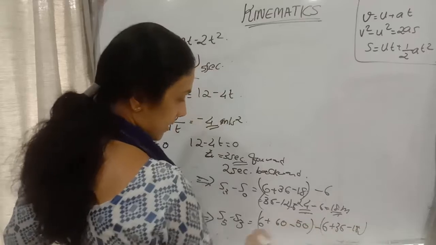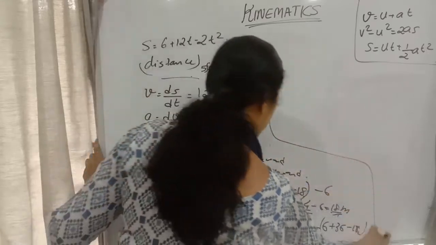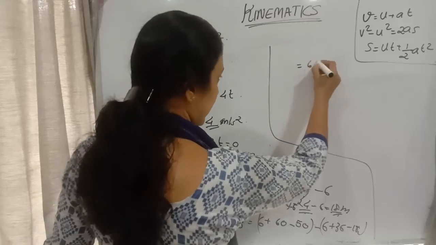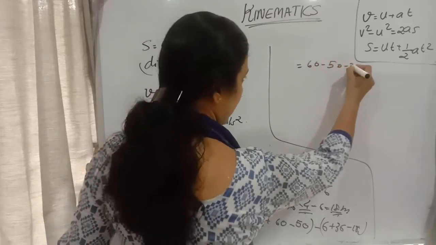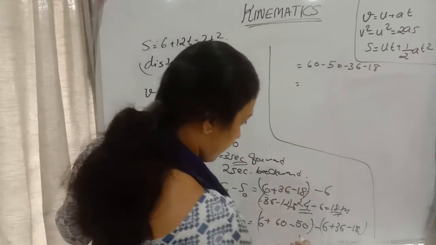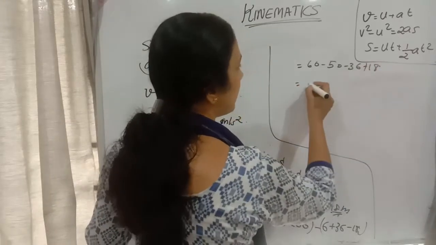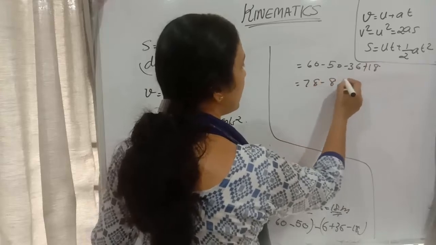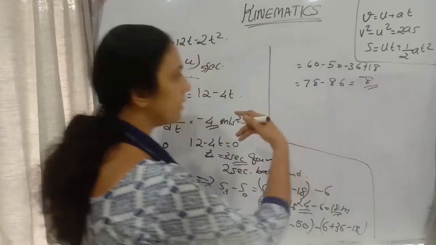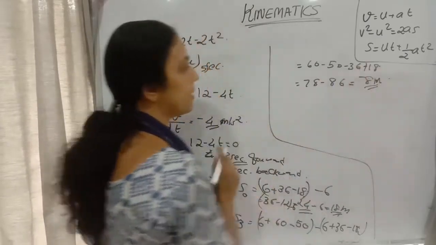Therefore 6 and -6 get cancelled. Here the answer is 60 - 50 - 36 + 18, therefore 78 - 86, here we get -8. So it is 8 meters in the opposite direction.